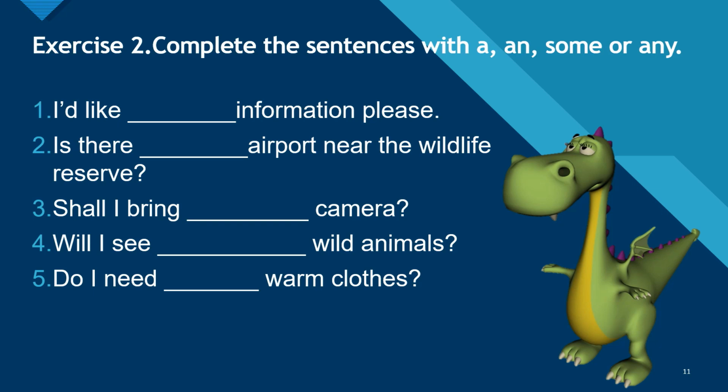Yes, it is uncountable. So we have 2 choices, some or any. So this is a positive statement. So only some is the correct answer. Okay, next, number 2. Is there an airport near the wildlife reserve?